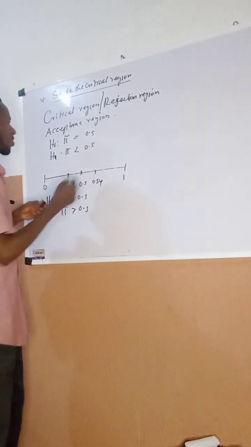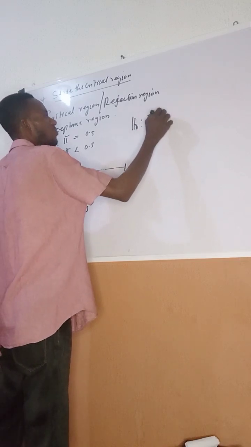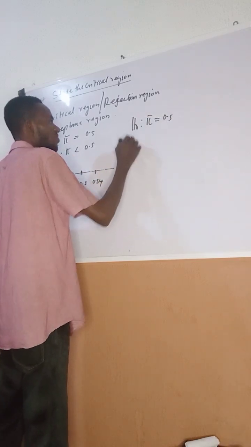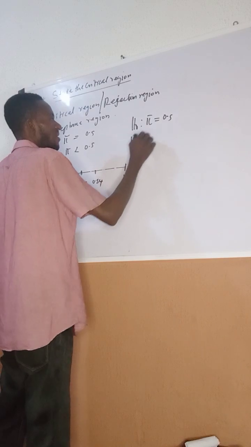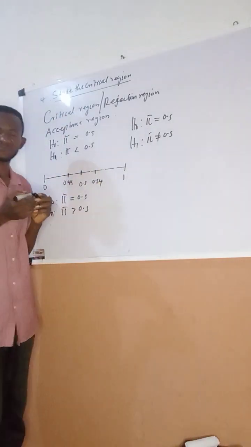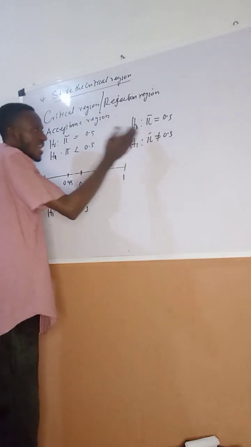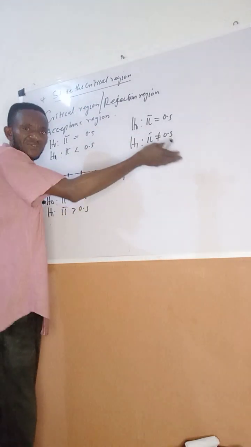But then when we are talking about H subscript 0, that pi equals 0.5, against the alternative H subscript 1, that pi is not equal to 0.5, in this case this pi is allowed to move in both directions.